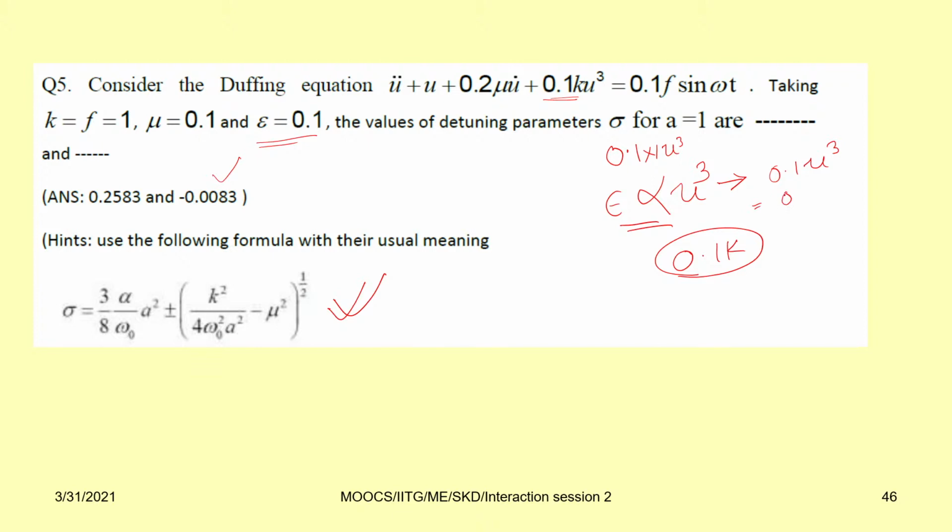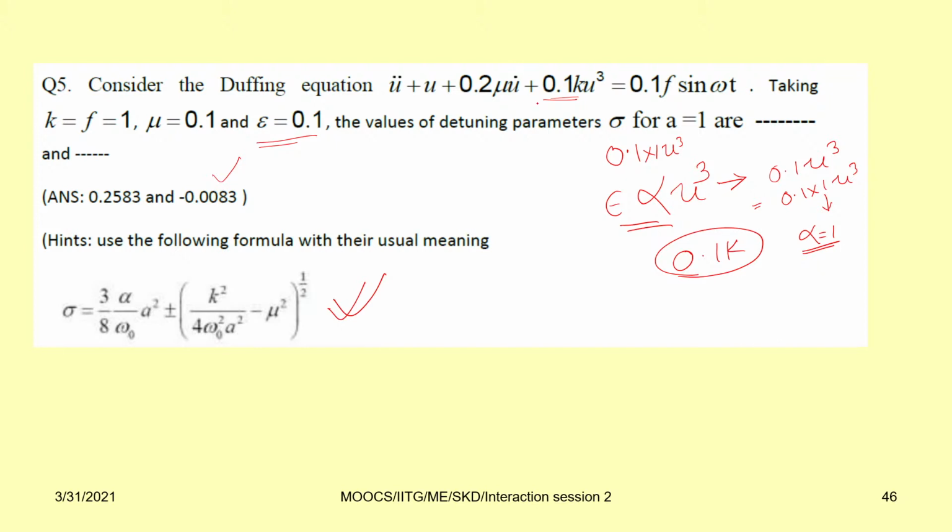Then this is equal to 0.1 into 1 u cube. So this is the value of alpha. So alpha equal to 1. I hope you understood this. Is it okay? You just take the term, substitute the value of epsilon, epsilon is given and k is also given.